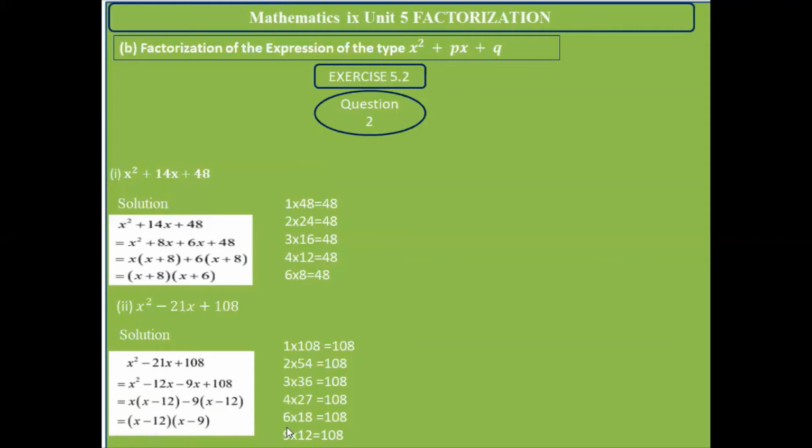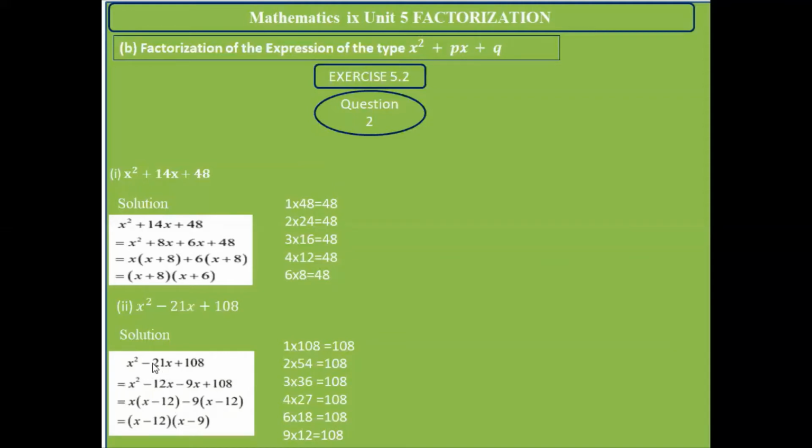So 7 can't divide 108, 8 also, and when I divide with 9, so 9 times 12 is 108. So 9 and 12 are two factors, which are required.